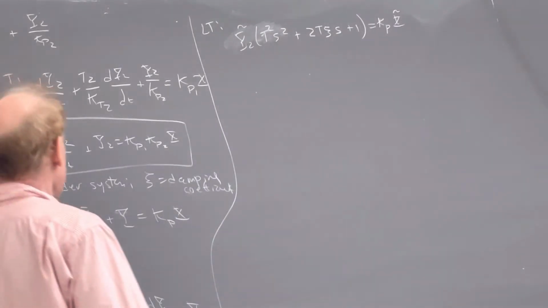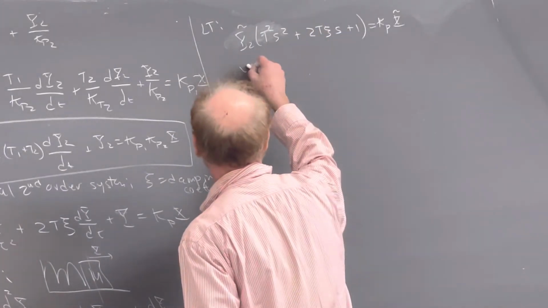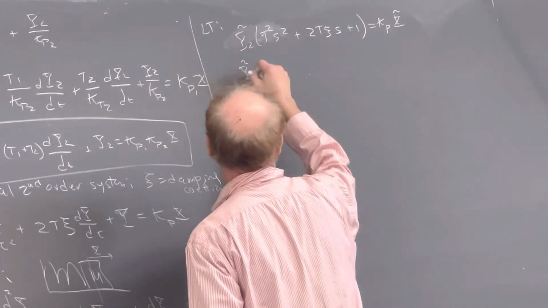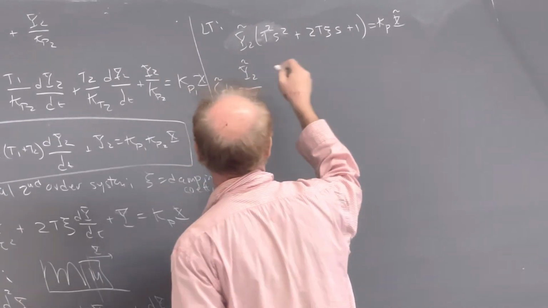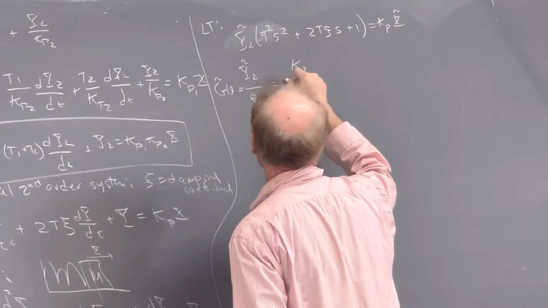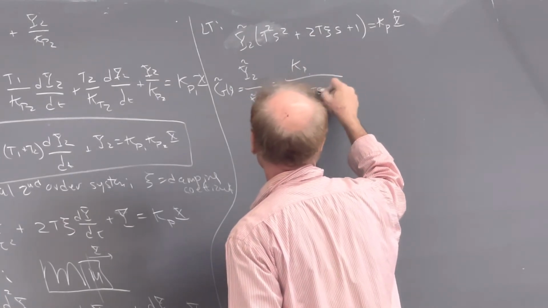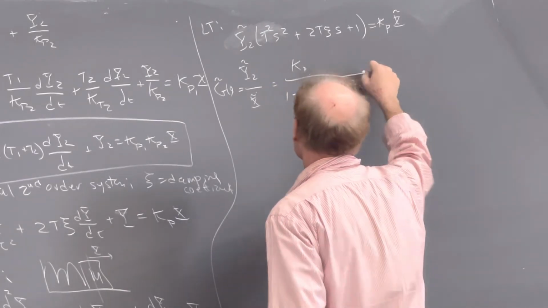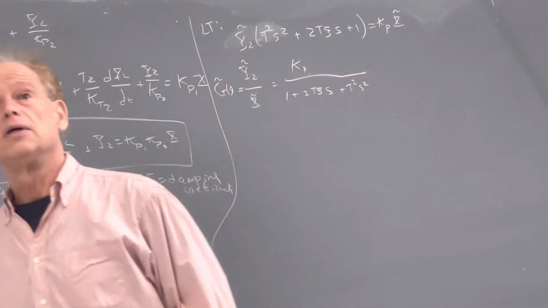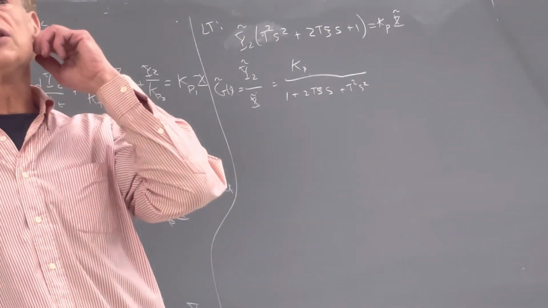Okay, so now I just did this, and I have that y2 tilde over x tilde, which is g tilde of s, is equal to Kp over 1 plus 2 tau c s plus tau squared s squared. And what I want to do is look at the roots of the denominator, first to look at stability.